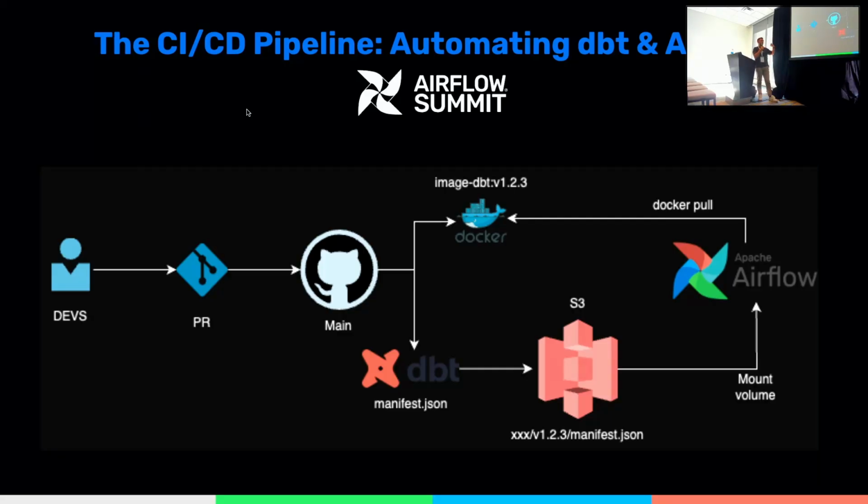And basically, every DBT command or every Airflow task is going to pull the image with the tag that you have specified. It's also going to read the manifest.json file with the same tagging, and as I mentioned, it's not going to need to wait for the DBT parsing. It's just simple, but it works.